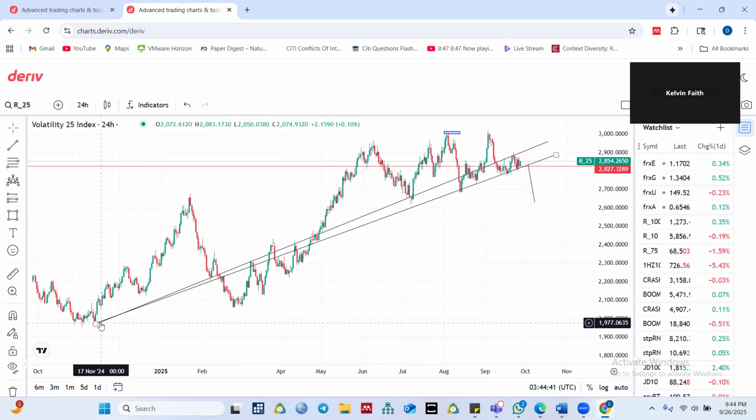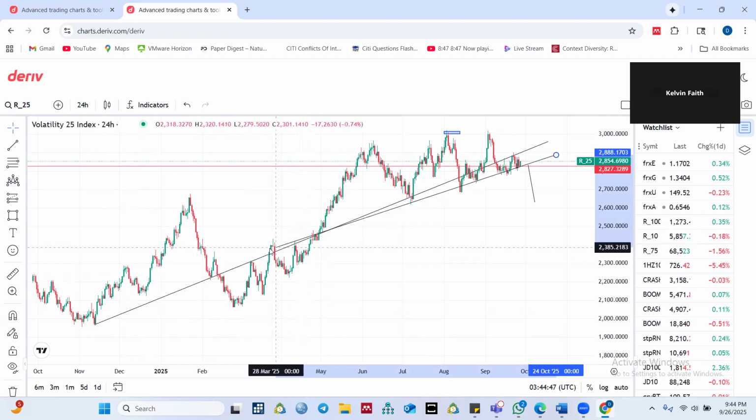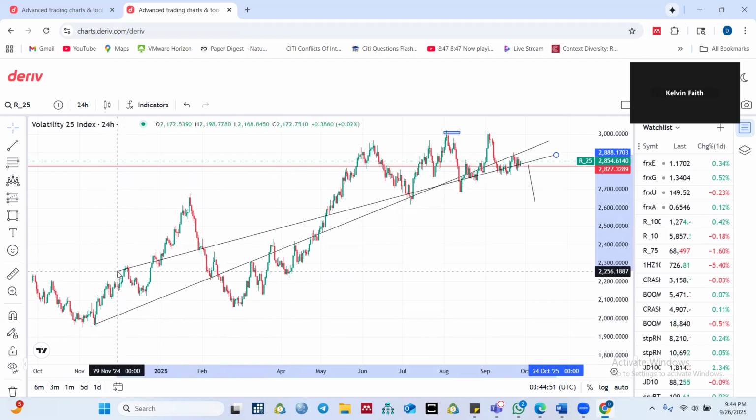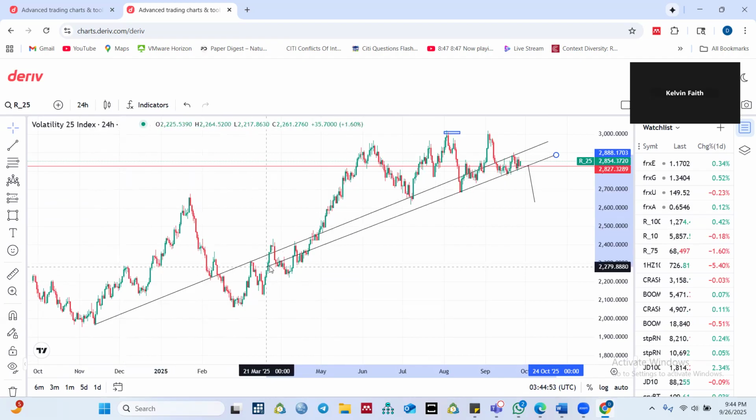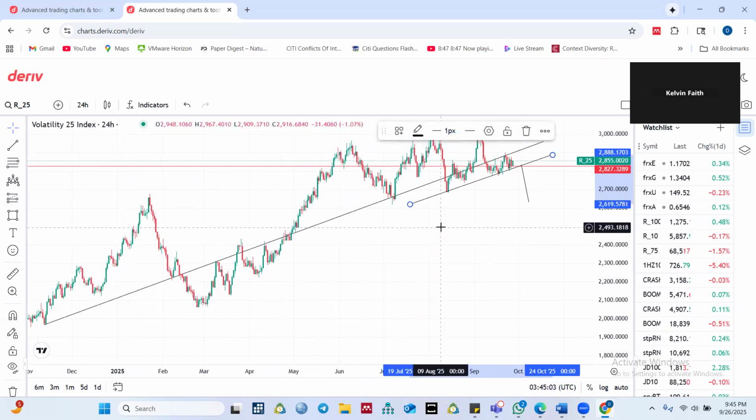I can even draw this trend line from just this point. Can I even draw from this point? No. So I can just draw that trend line from here. Okay, good.